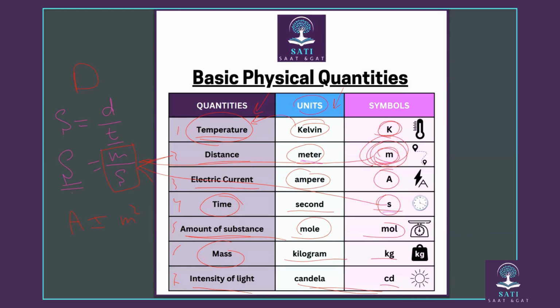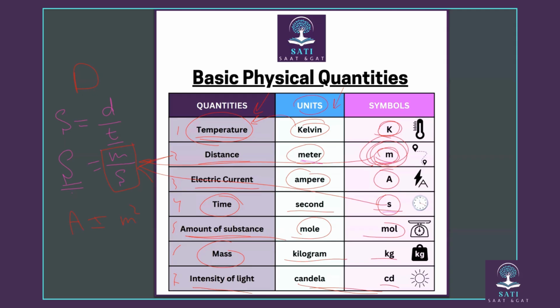So area is also a derived quantity. Acceleration, force, power, pressure, all these other quantities are derived because they are derived from these basic units. So we have now explained the difference between basic and derived quantities in physics.